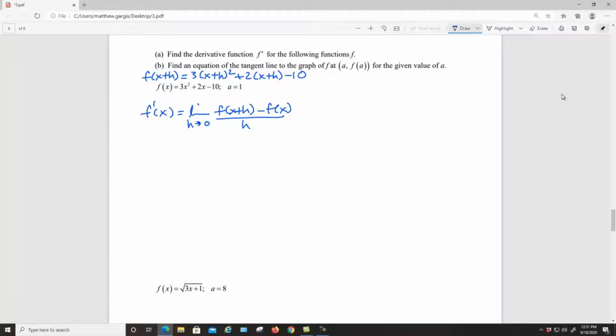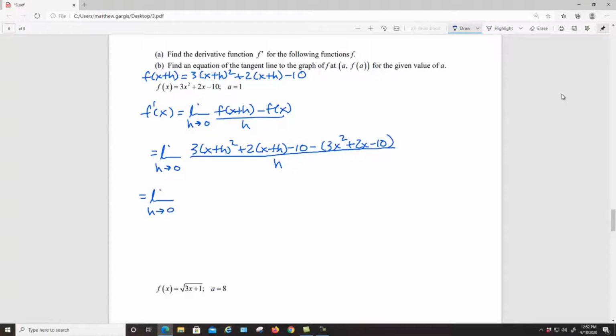Okay, so let's fill that in here. So for f of x plus h, I'll have 3 times x plus h squared plus 2 times x plus h minus 10. Then I'm going to subtract from that f of x, which is 3x squared plus 2x minus 10. Okay, so now I've got the limit as h approaches 0.